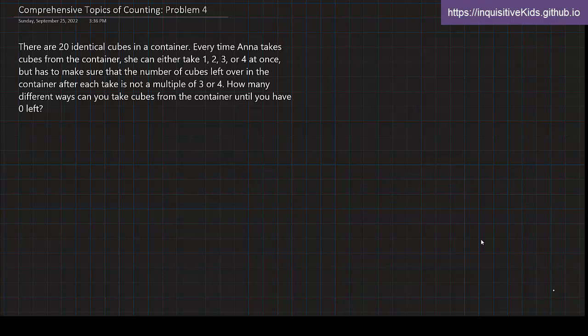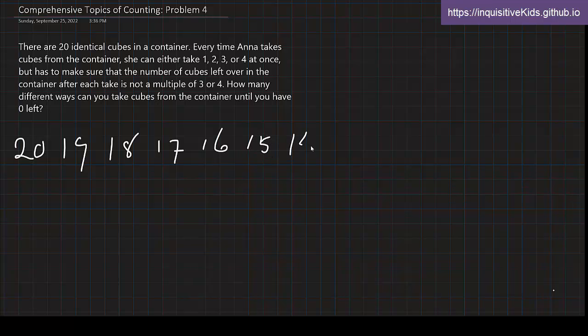Alright, so here is our solution for this problem. From 20 to 0, there can be 20 cubes left over, 19 cubes left over, 18, 17, 16, 15, 14, 13, and so on.